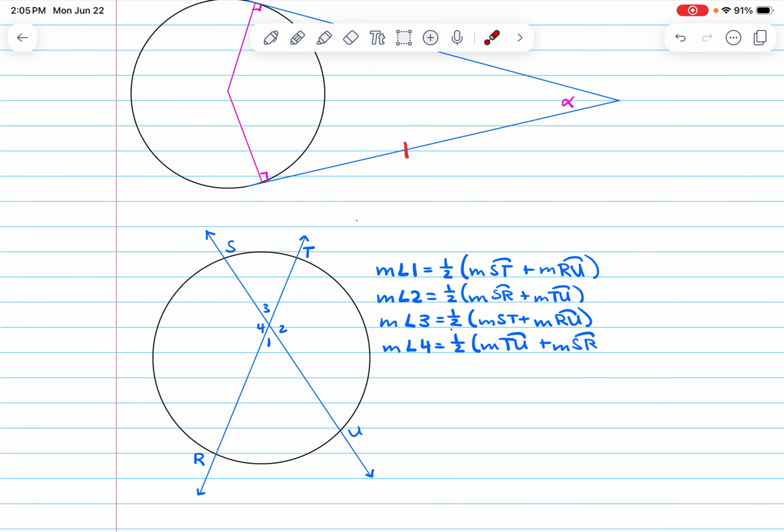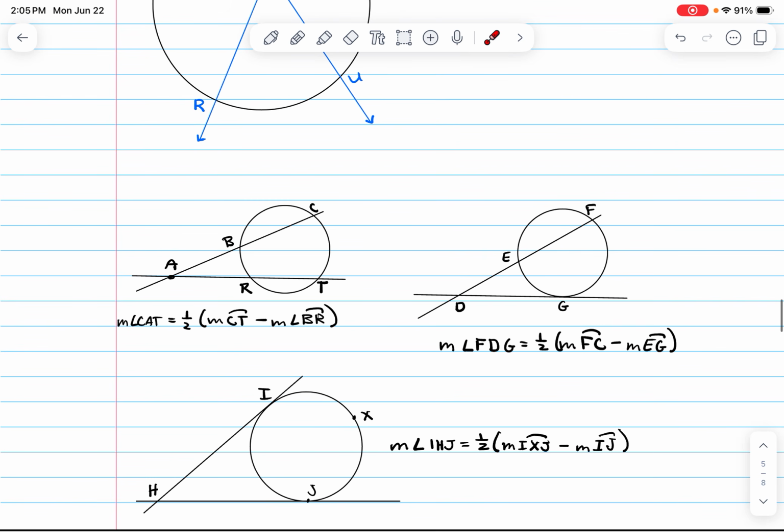So you look at the angle formed by these two secants, and you look straight across at this arc, and then straight back the other way at that arc, and the measure of angle 1 is equal to half of that sum. Measure of angle 2, half of this sum. Measure of angle 3, half of this sum. And measure of angle 4, half of this sum. It's another thing to look at.